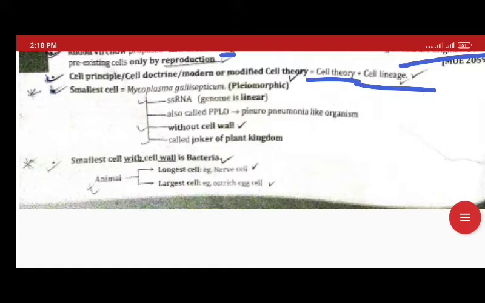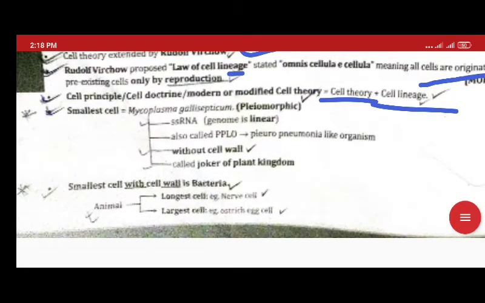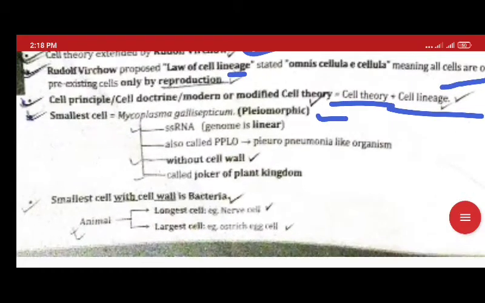Now we have to know some basic and important points. The smallest cell is Mycoplasma. Mycoplasma is the smallest cell and it doesn't contain a cell wall.